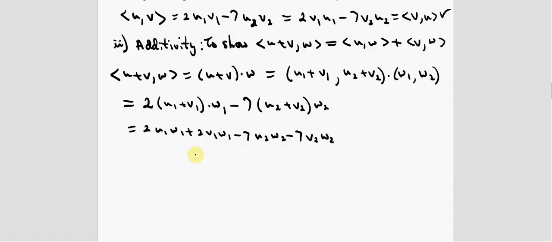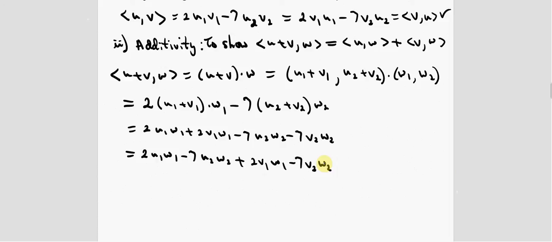Now this is the left side. Now you can commute those terms if you will, or you can leave them like that. I think that's fine, but if you want to write it as 2 times u1 w1 minus 7 u sub 2 w sub 2 plus 2 times v sub 1 w sub 1 minus 7 v sub 2 w sub 2.